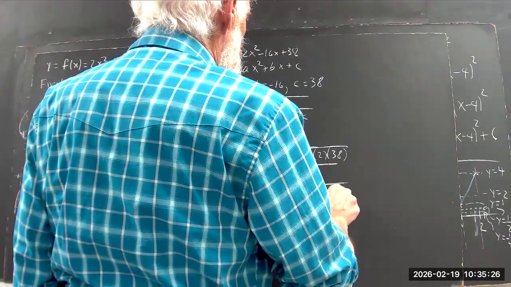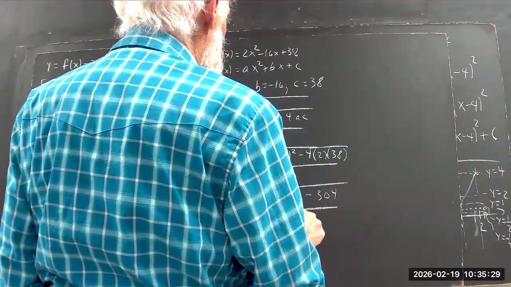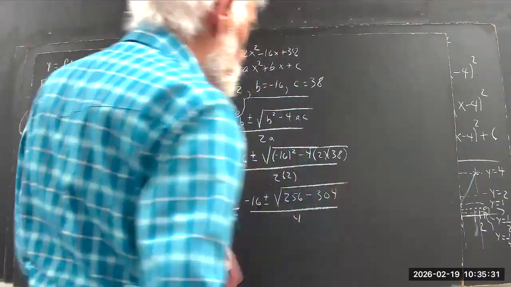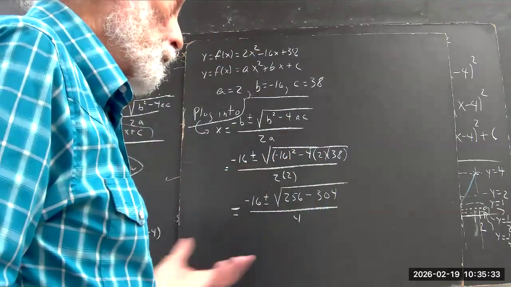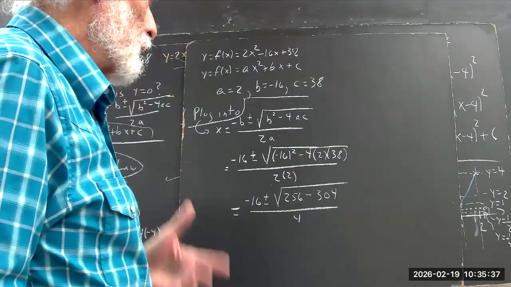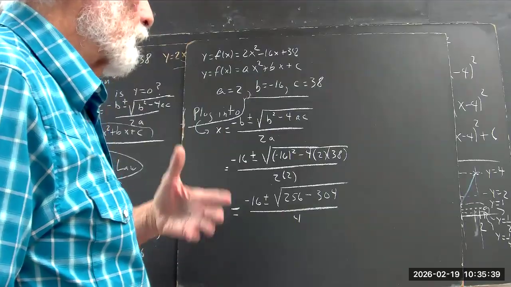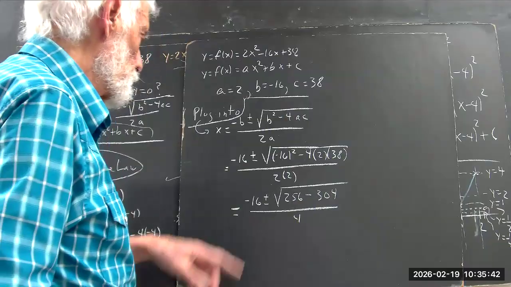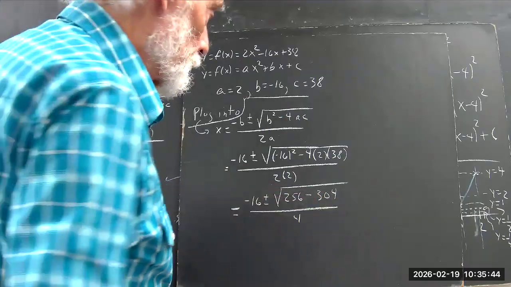Yeah, I think it's 304 over 4. Let me multiply it a different way. 8 times 30 is 240. And 8 times 8 is 64. 240 and 64 does give us 304. So just checking my arithmetic.